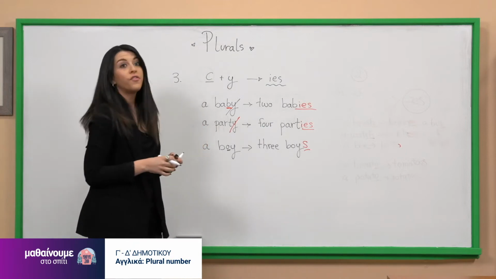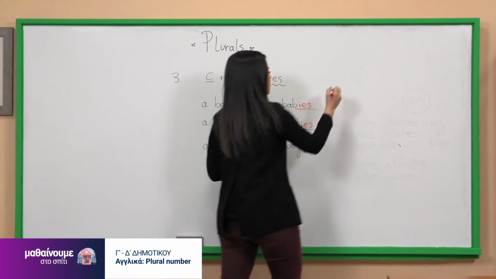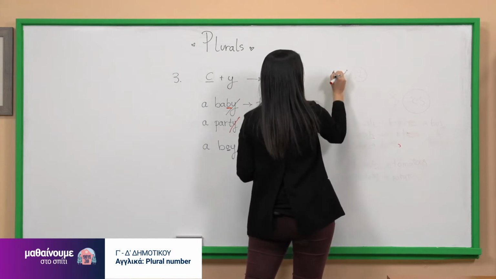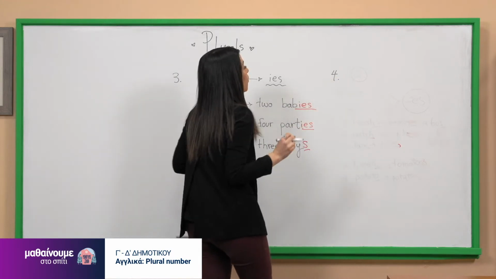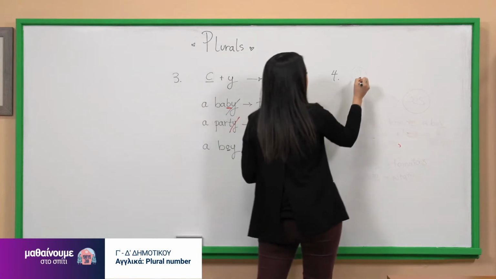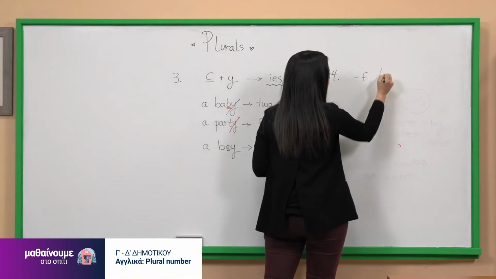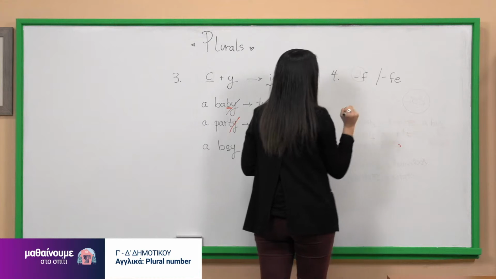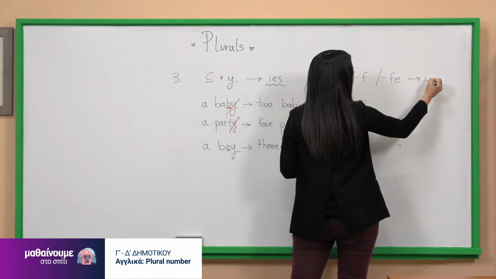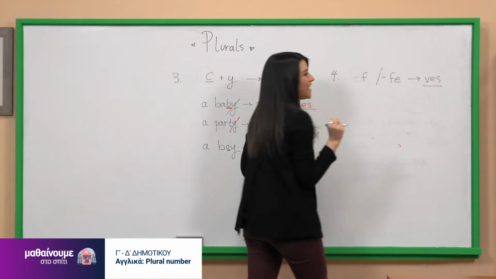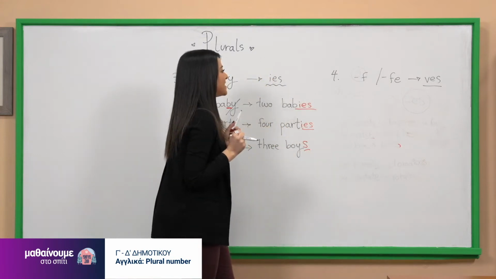Now, the fourth one. Let's write it over here, with the black. So, when the noun has, in the end, F and FE, we put VES in the end. Let's see some examples.